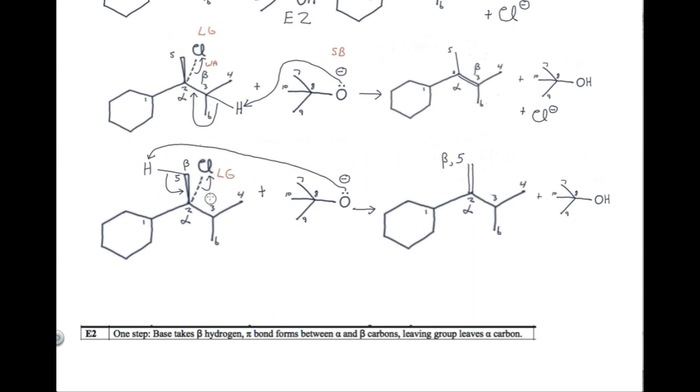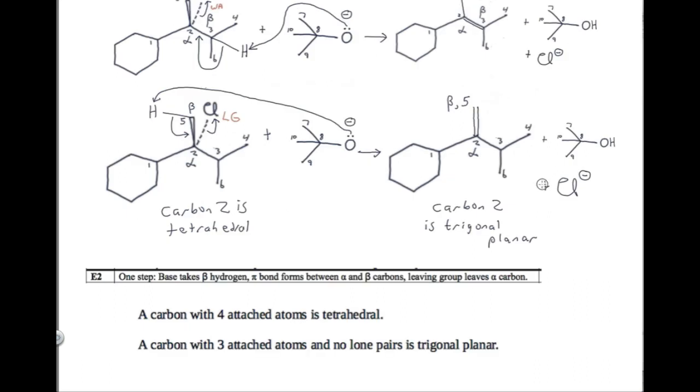Now this arrow tells us to break the bond between carbon 2 and the chlorine. I actually already went ahead and did that in order to make room here. And it also tells us to change the charge on the chlorine from neutral to negative. Again, we see that carbon 2 began as tetrahedral in the starting material, where it was attached to 4 atoms. And then carbon 2 became trigonal planar in the product, where it had 3 attached atoms and no lone pairs.